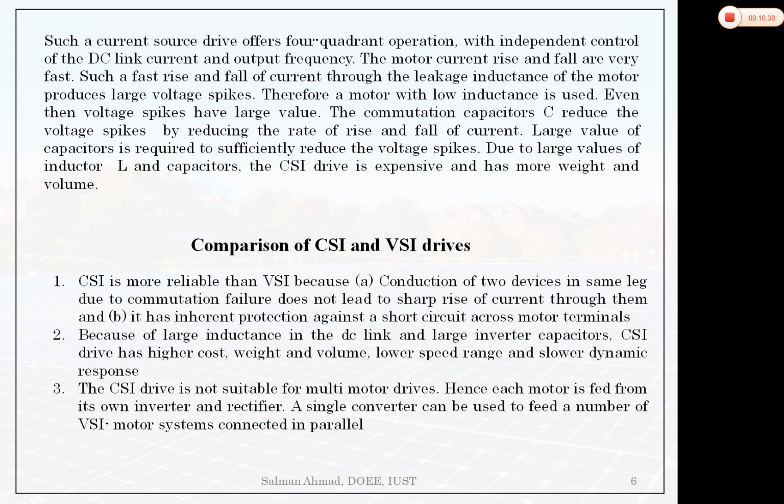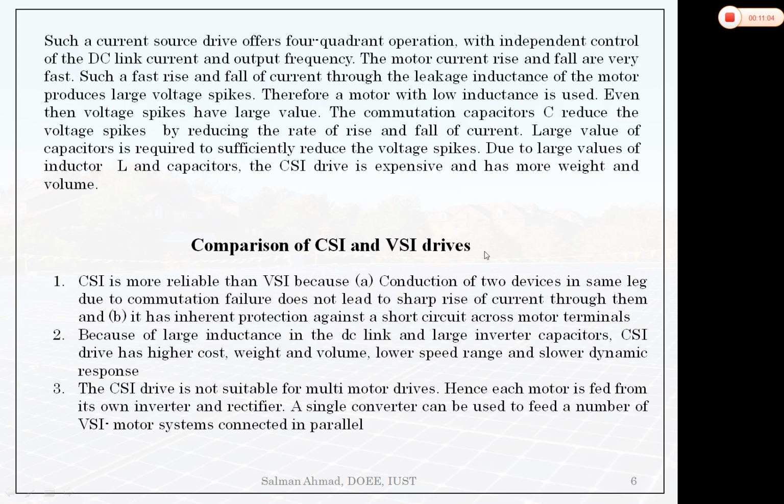Another is for reducing the voltage spikes. This is the important point you should remember. A large value of capacitor is required to sufficiently reduce the voltage spikes. Due to large value of inductor and capacitor, the CSI drive is expensive and has more weight and volume. Because the inductor is a heavy component, volume and weight will be higher for these drives.